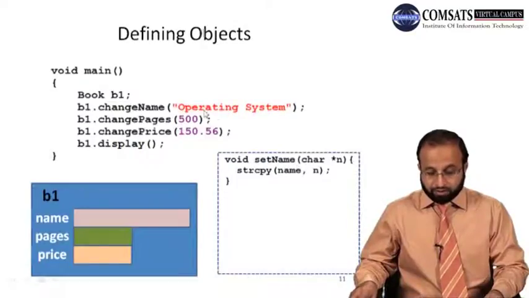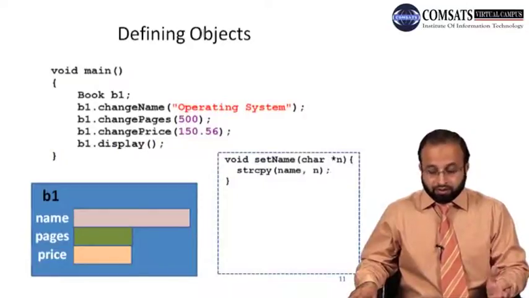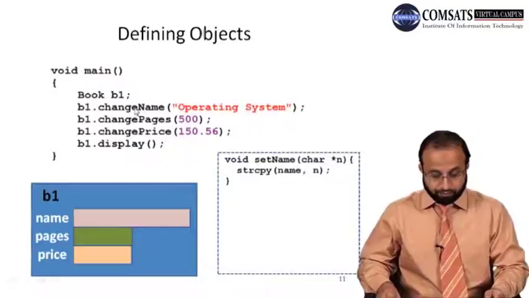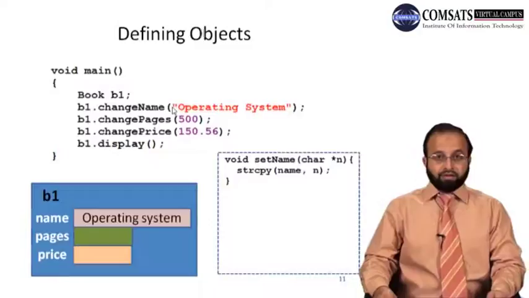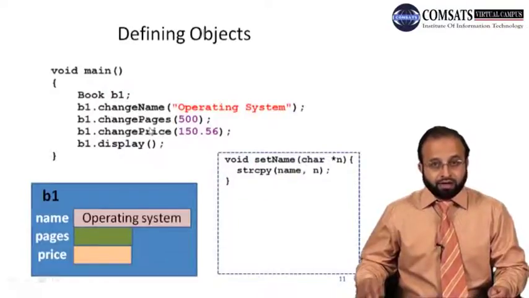You are passing the base address of this string, and then you are copying this string into the name. So name is the private data member of some object. Which object? The object by using which you have called this set name function. So when this function is executed, the operating system comes over here. I'm saying it again that instead of change, just assume that this is set name, set pages, set price, as we have seen before.